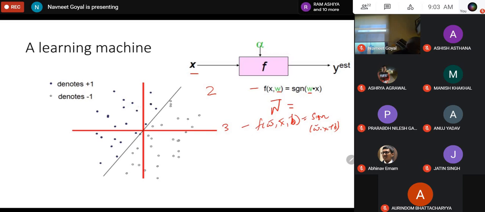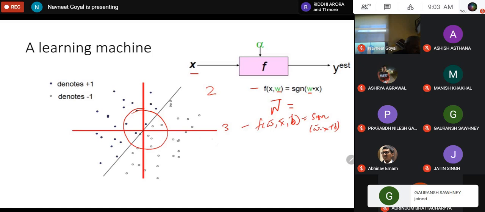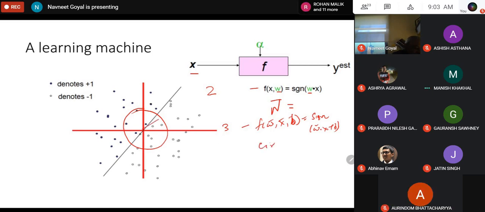So how many? There'll be like a list. For the circle, this would be 1, only the radius. So these are the number of parameters.